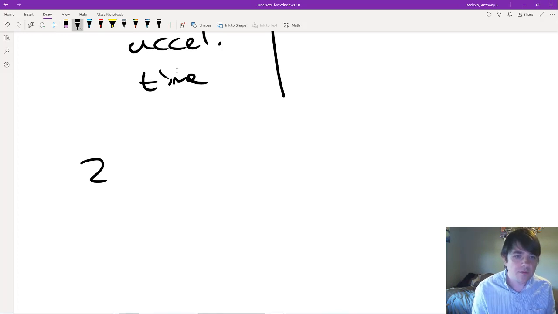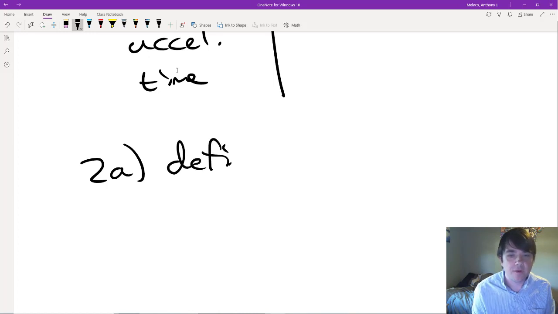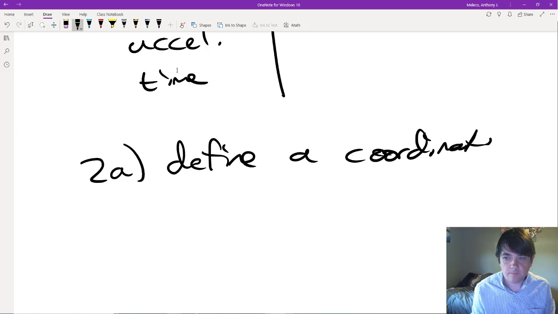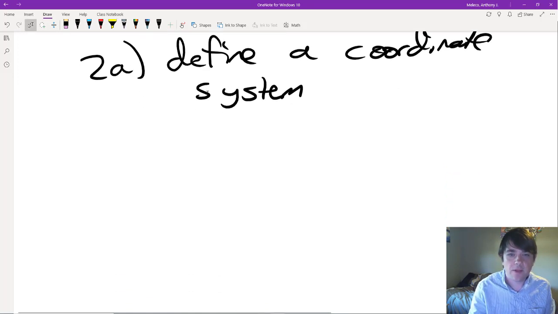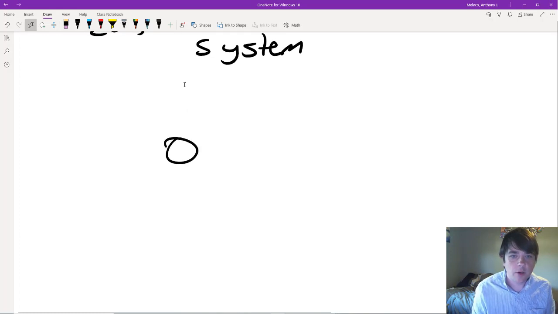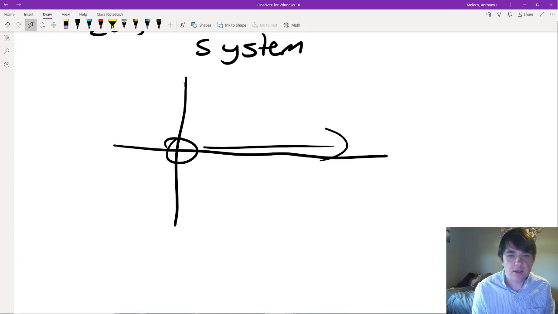The other thing that's a part of this is where you define a coordinate system. Okay? What I mean by this is, if you're a ball and you're moving this way, if I set this right here, the ball's initial starting place, at 0, right?